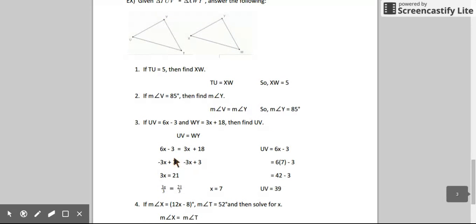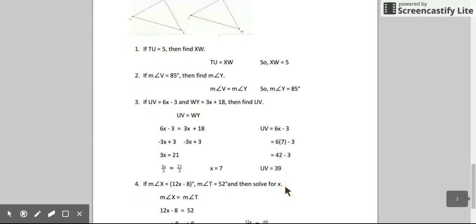And in doing that, we can subtract 3x from both sides and add 3, and then divide by 3 and get our solution for x, which is 7. And since we want the distance from U to V, we could plug that x value into the expression and do 6 times 7 minus 3, which gives us the value of 39.